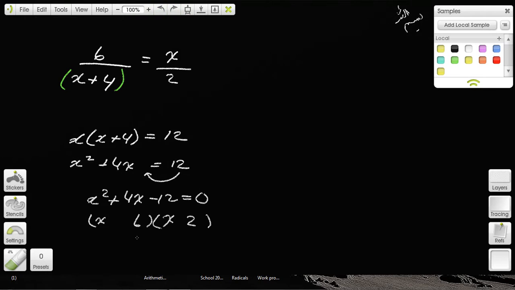Oh. 6 and 2, the bigger one is negative, like this. Correct? And then I divide this into 2, that's called the zero product property. So I get x minus 6 equals 0, or x plus 2 equals 0. X equals 6, or x is equal to negative 2.